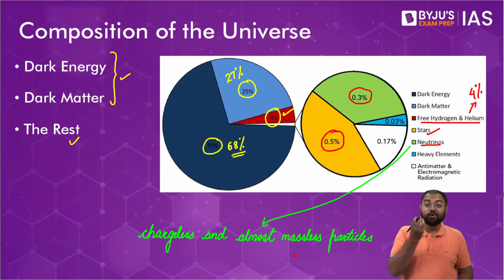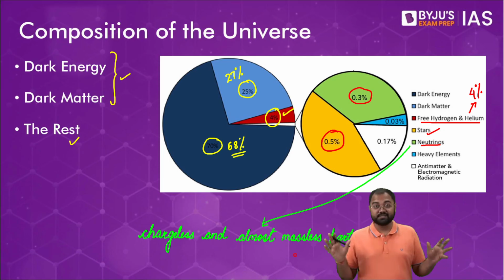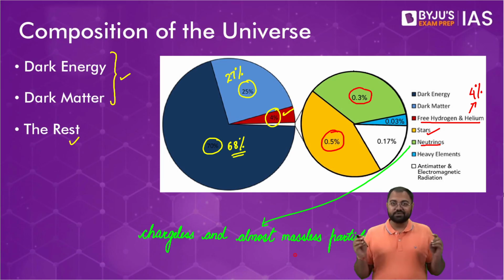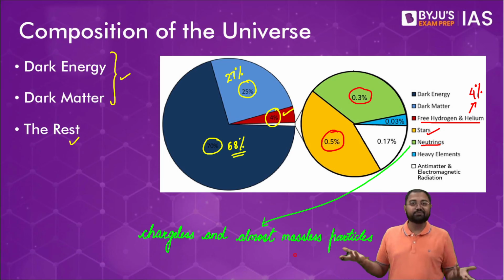It takes a lot of effort for the scientists to even detect a neutrino, something that has such a big presence. 0.3% of the universe is a big number in the context of what we know.